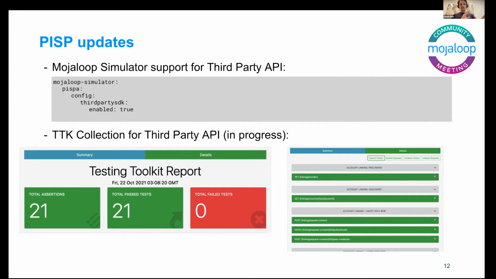That final item is on our own PISP repo, but it's making its way into the testing toolkit collections, coming to a testing toolkit near you, I think is the way to put it. Cool. Miguel, I'll hand back over to you.